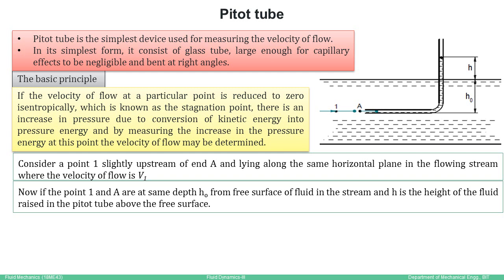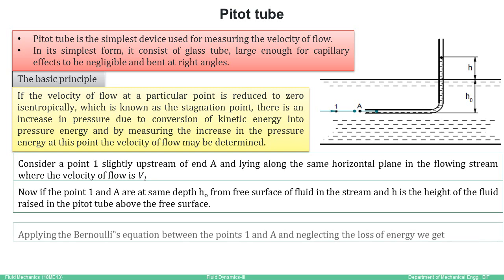Now, point 1 and A are at the same depth from the free surface, that is h naught. H naught is the depth from the free surface in the fluid stream, and h is the height of the fluid raised in the pitot tube above the free surface. H naught is till the free surface from the points 1 and A, and h is the height from the free surface in the column in the tube.